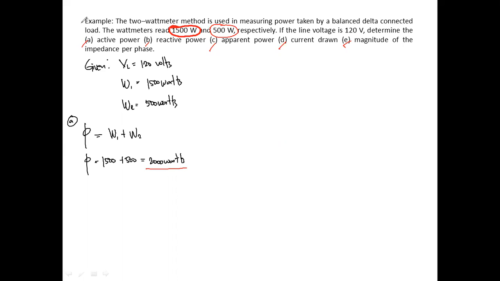And for the second item, we have the reactive power. Q is equal to square root of 3 multiplied by wattmeter 2 minus wattmeter 1. So Q is square root of 3 times 500 minus 1500.